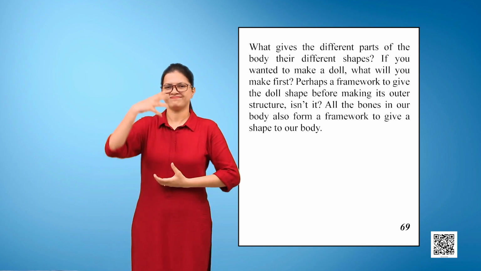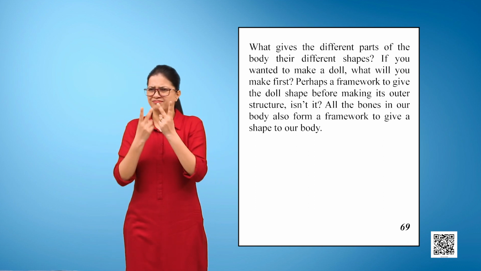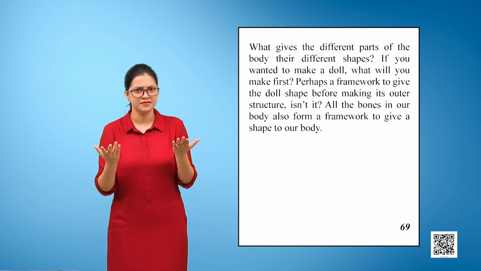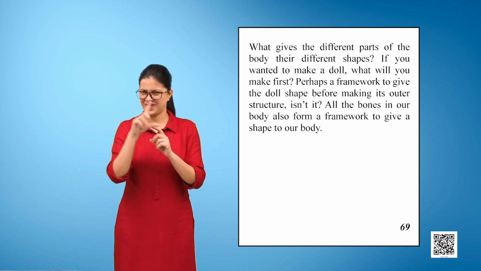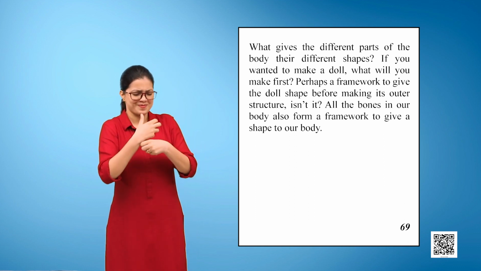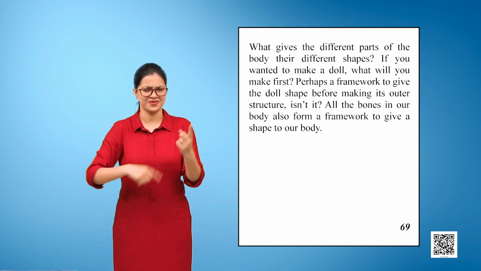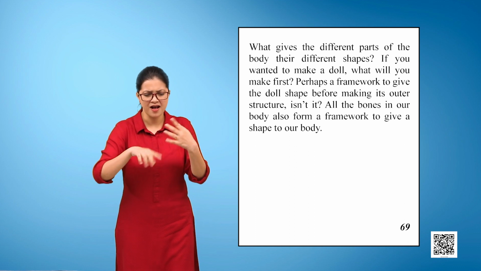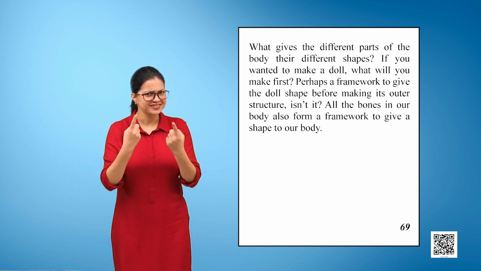What gives the different parts of the body their different shapes? If you wanted to make a doll, what will you make first? Perhaps a framework to give the doll shape before making its outer structure, isn't it?